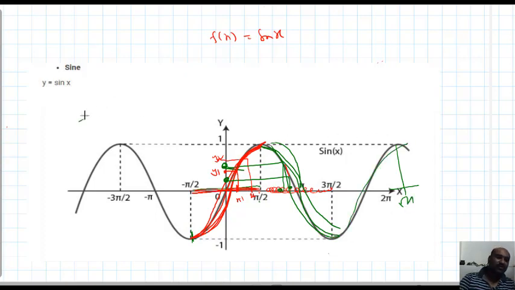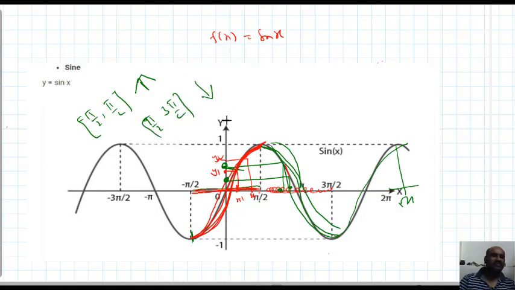So what happened? From minus pi by 2, I can define the function at minus pi by 2 also. The sine function is an increasing function. Okay. Next, for pi by 2 to 3 pi by 2 values of x, the sine function is decreasing. Important.